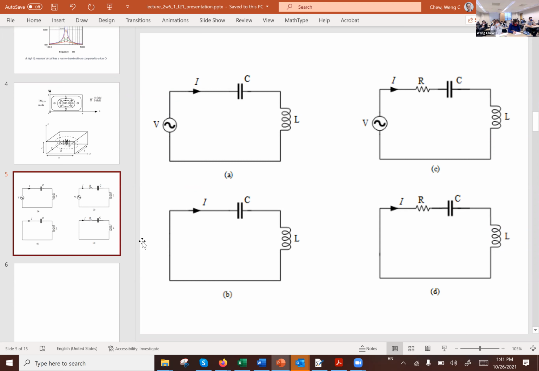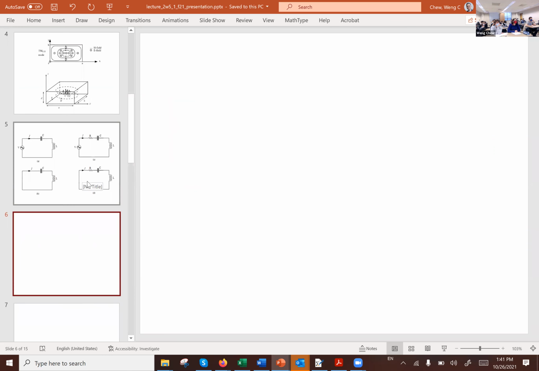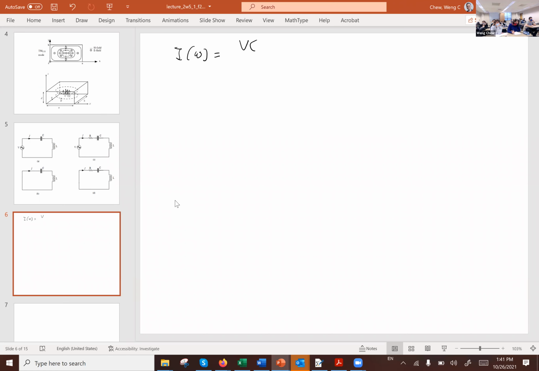So if I were to look at this problem on one of these figures over here, I know that the current can be written as the voltage in the phasor world divided by the impedance of the circuit, which is given by this.